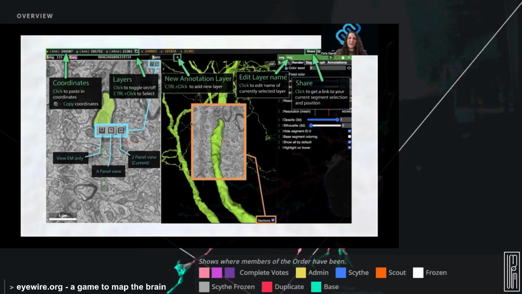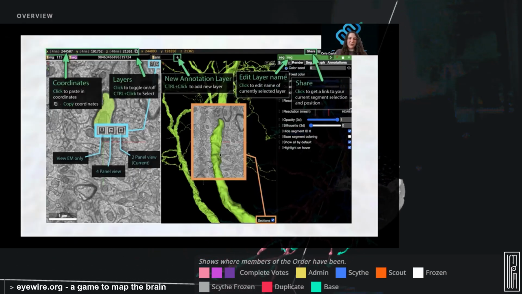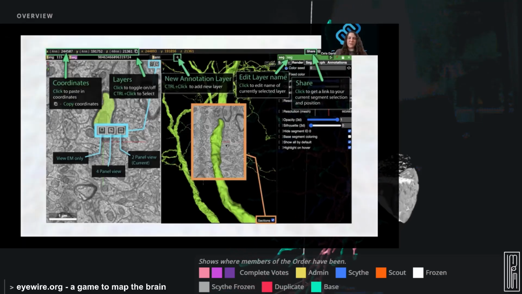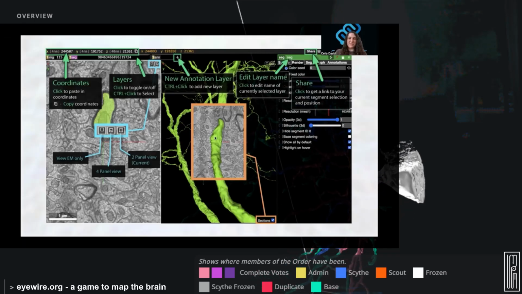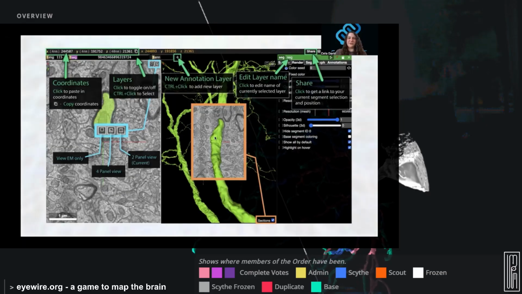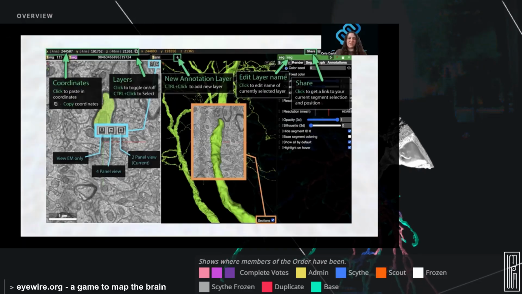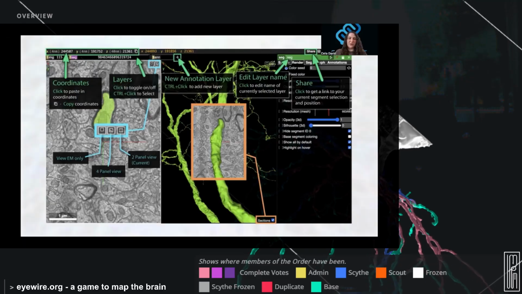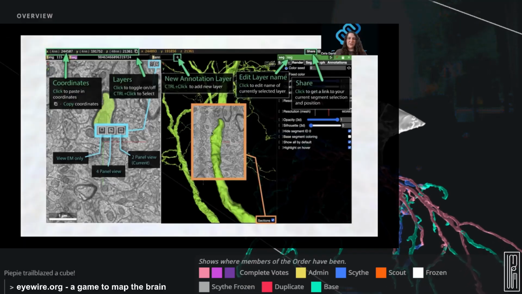That's where you can put annotations down to label the cells. When we do proofreading, we use the annotations a lot to mark branch ends as complete because we don't have the same kind of completion system as EyeWire 1 where you're recoloring the whole branch. Instead, we're using annotation points to mark off ends of the branches as complete.